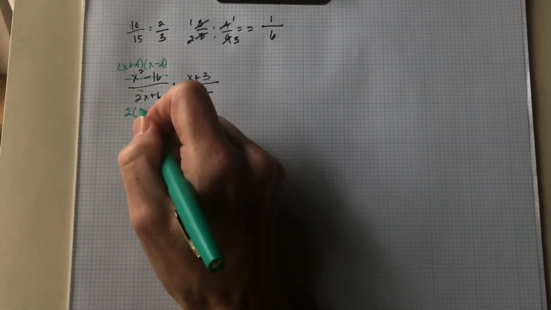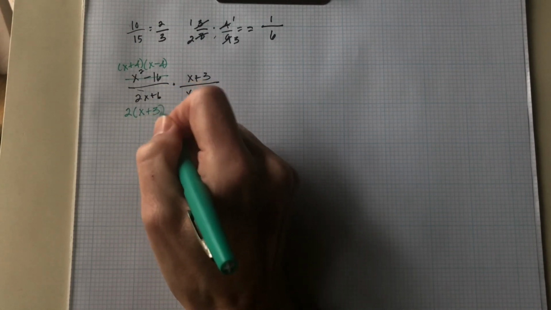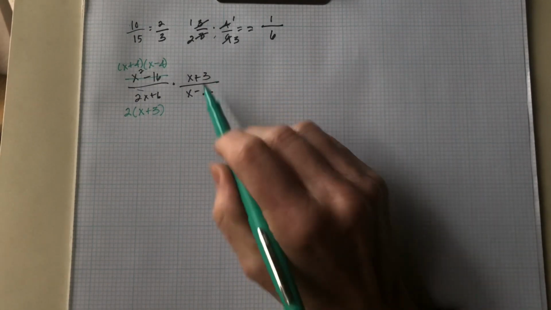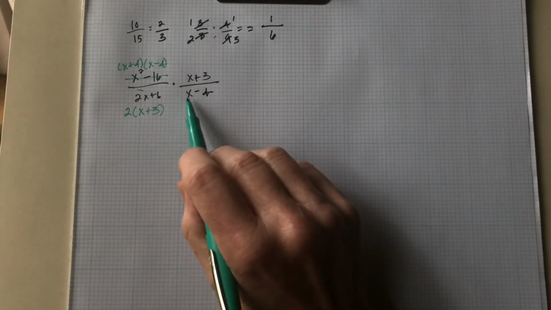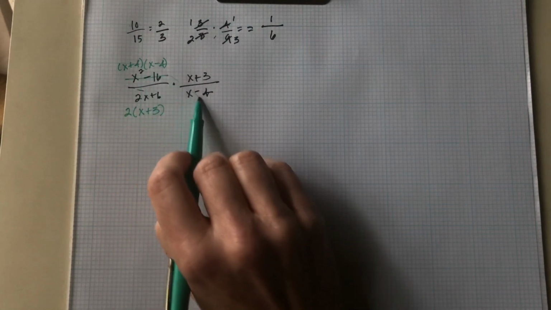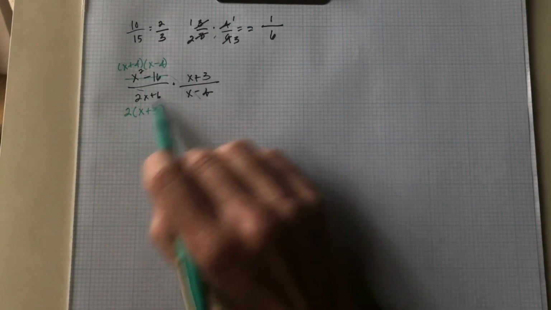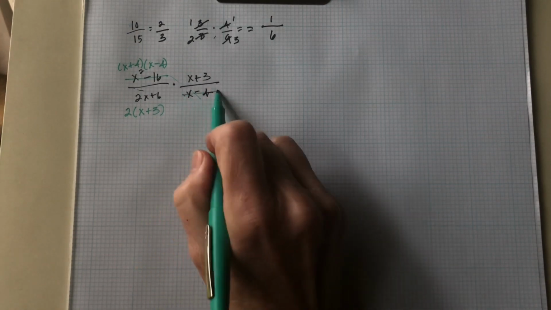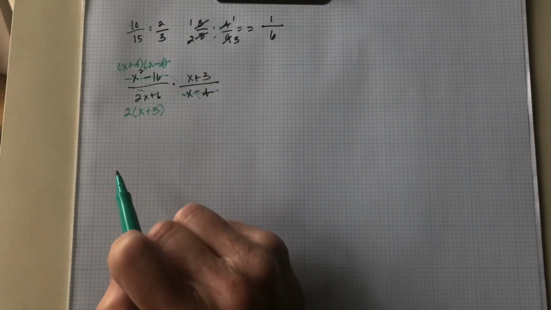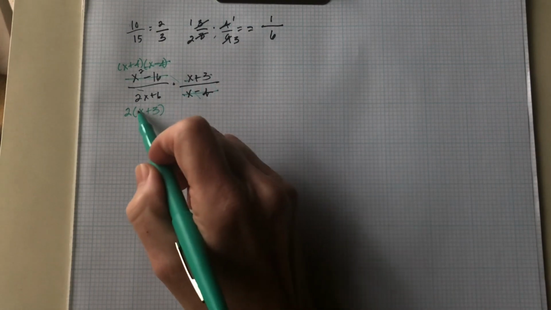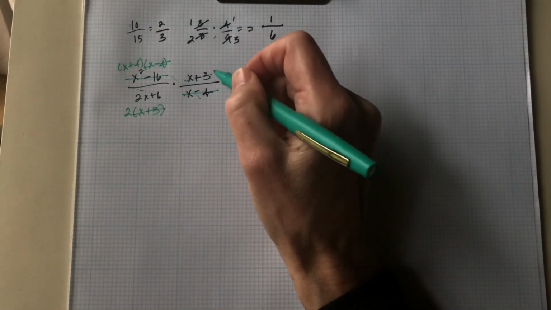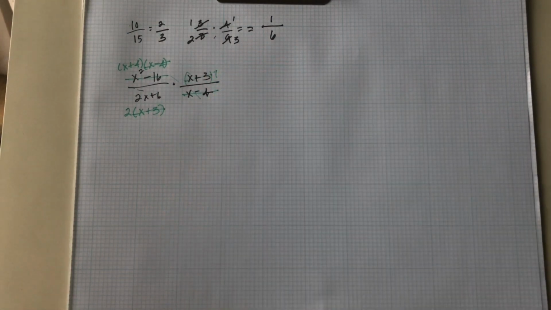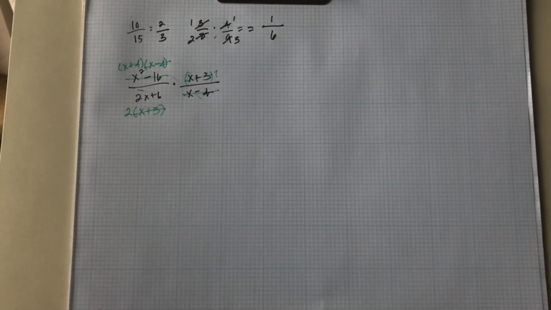That's got a GCF of 2, so we can write 2 times x plus 3. In this rational expression, we don't have any factoring to do. So now we can look diagonally, diagonally here, diagonally there, and see if there's anything we can cancel. Well, we can cancel out the x minus 4 terms, and we can cancel out x plus 3. Now, you could even write a 1 there if you want. But that's all the canceling that we can do.